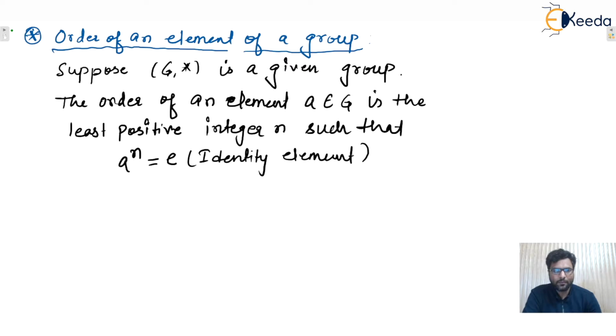So here n will be the order of the element a.